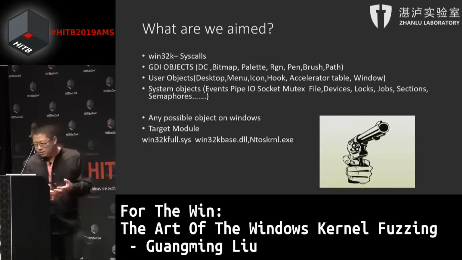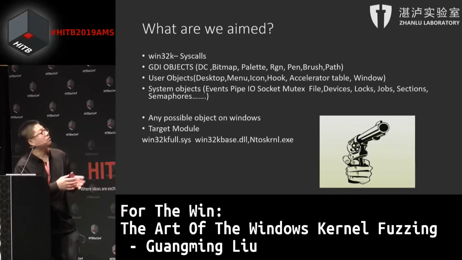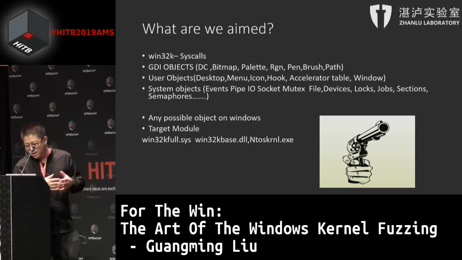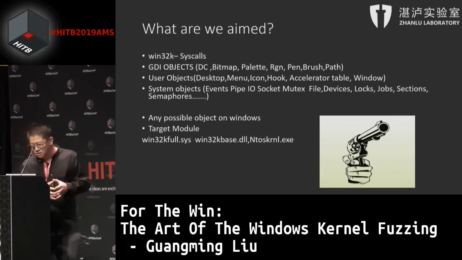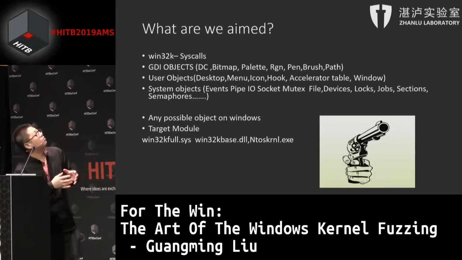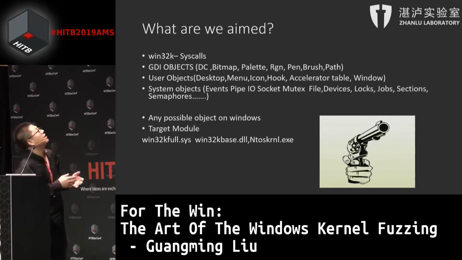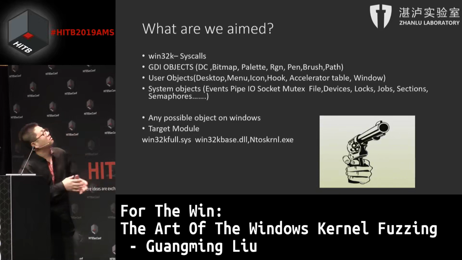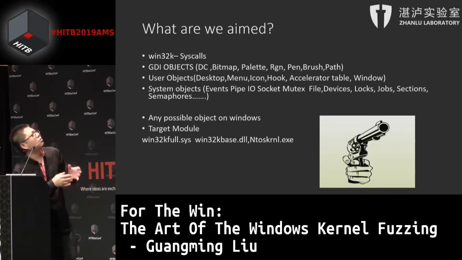And what do we aim at? Let me take a look at the main target. In the last year, my main target is the Windows objects, like the GDI objects: DC, bitmap, palette, region, pen, brush, and path, and some user objects, like the desktop, menu, icon, hook, accelerator table or window, or other system objects.